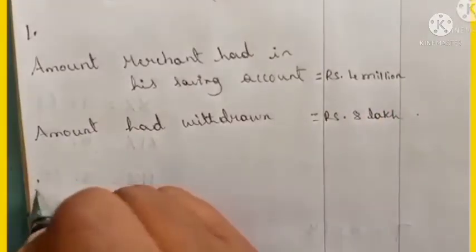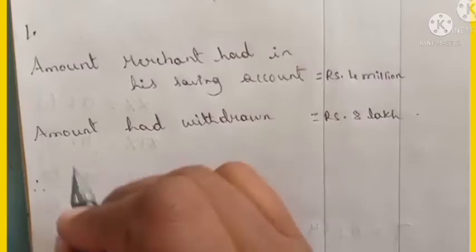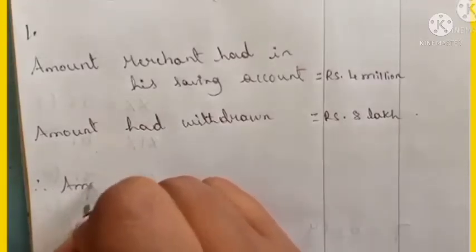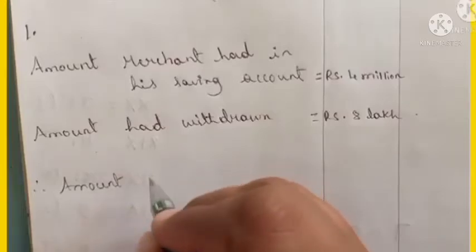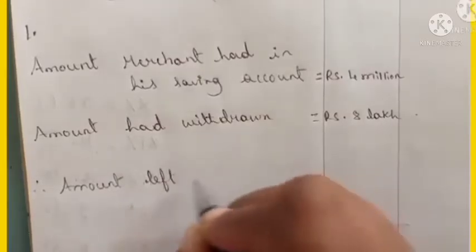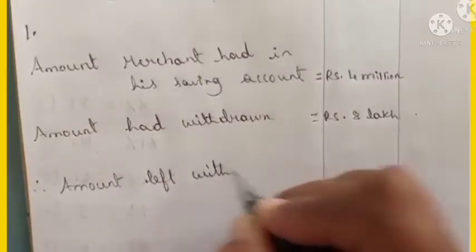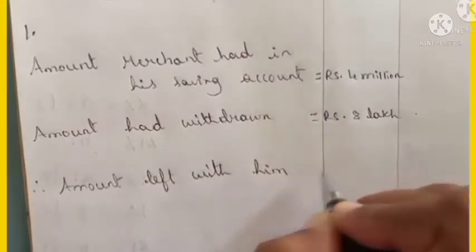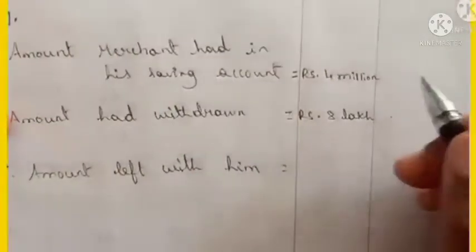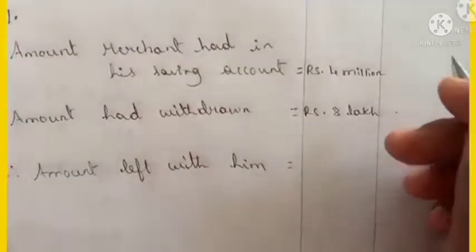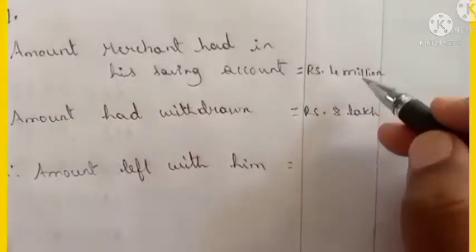Next, therefore, amount left with them. So we need to find out how much is left with them. Okay, so now see, dear children, this is the solution we are going to solve. We are going to solve the sum.